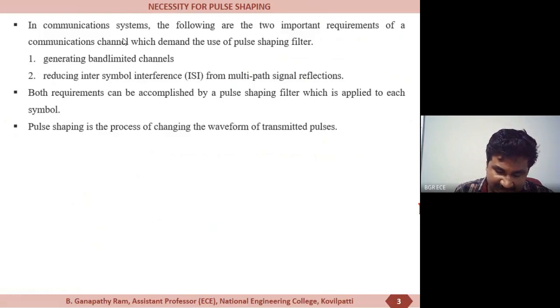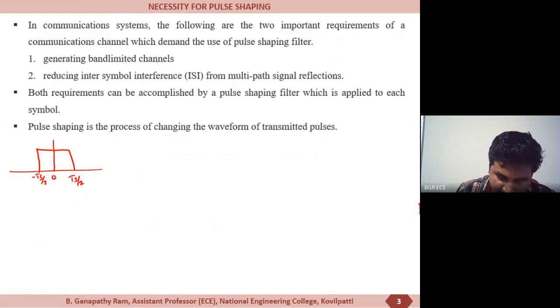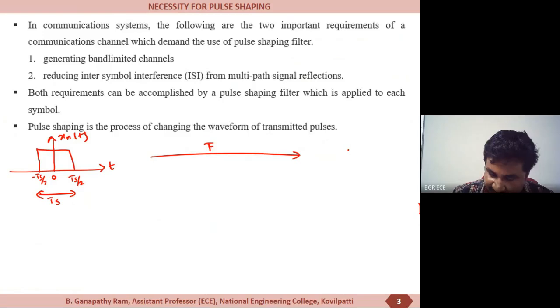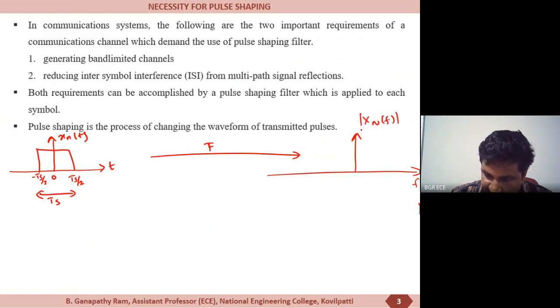As we have earlier discussed in the last session, a pulse signal whose duration is Ts in the time domain is represented in the frequency domain by a sinc function.